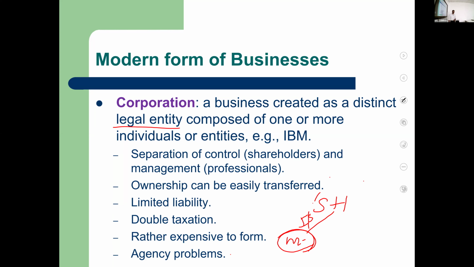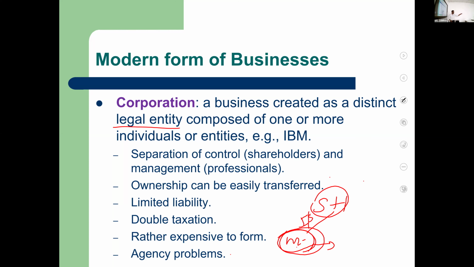So shareholders have some interest. They want what? Profit. They need a return on their investment. Managers need what? They need salary, right? Bonus, increments, those things, incentives. So that is the agency problem.